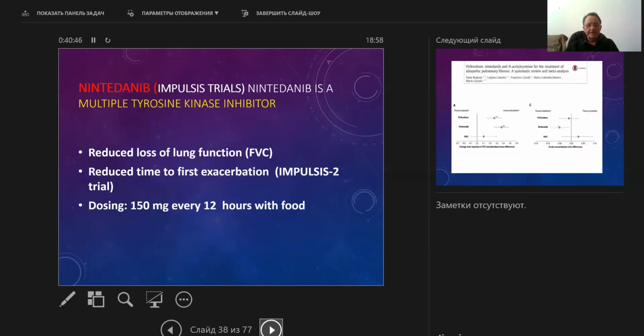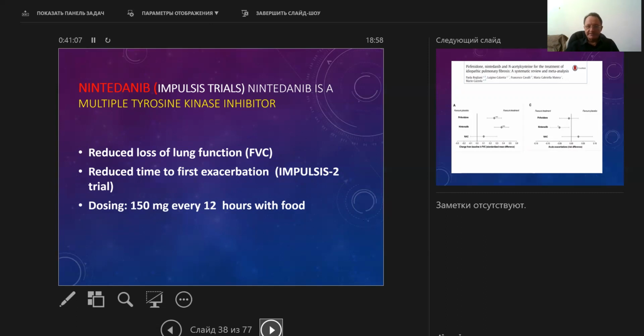But nintedanib, trade name Vargatef, is a multiple tyrosine kinase inhibitor. Also, according to the INPULSIS randomized clinical trials, it reduces loss of lung function.